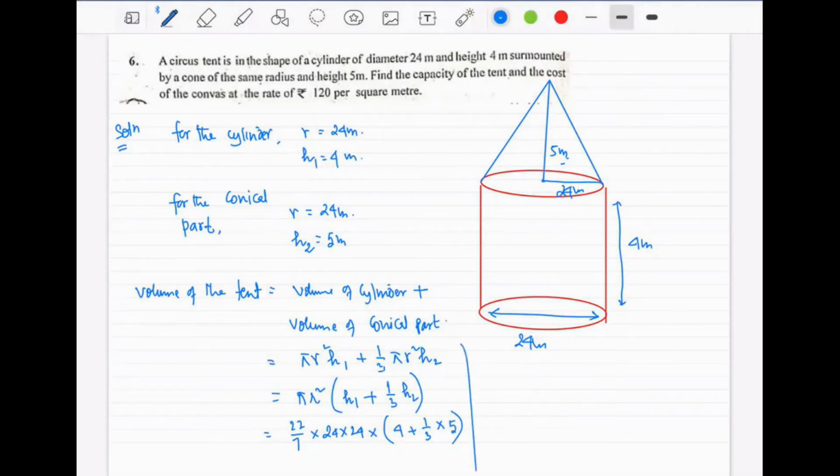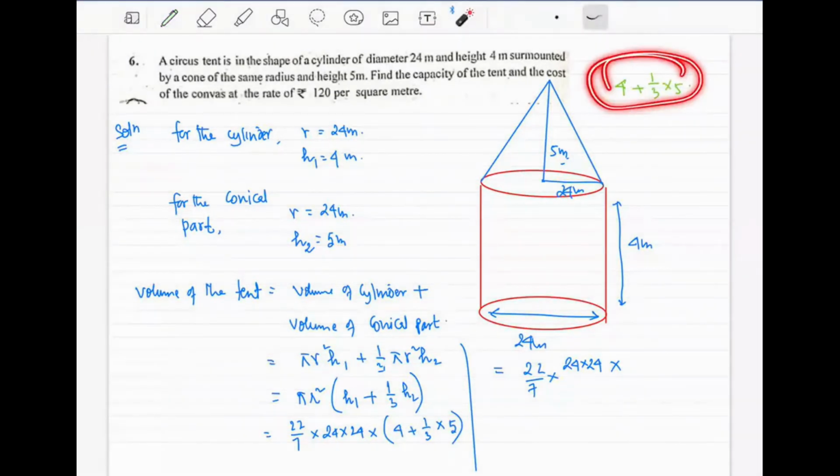So what we are going to have? We are going to have 22 by 7, 24 into 24 into, let's check this out. Let's find out how much is this on the side. 4 plus 1 by 3 into 5.